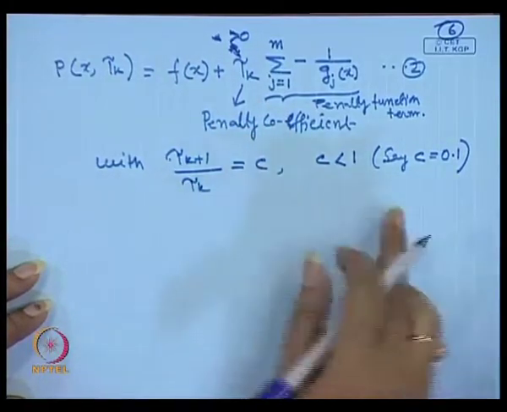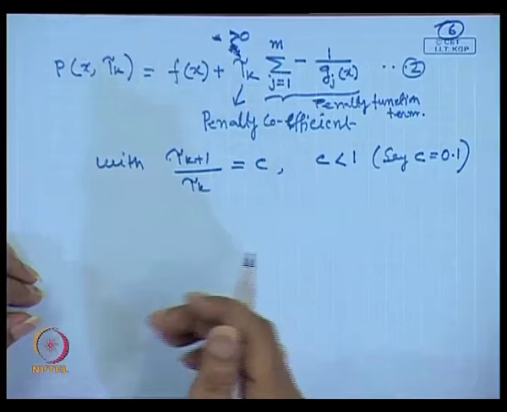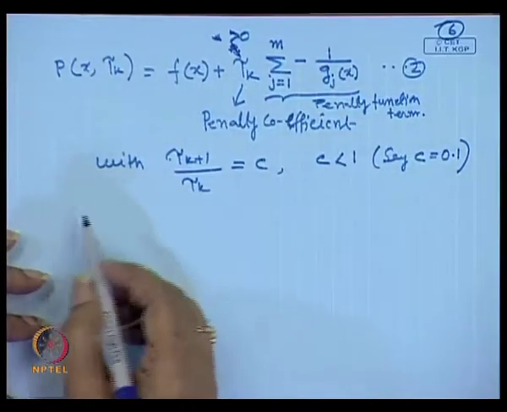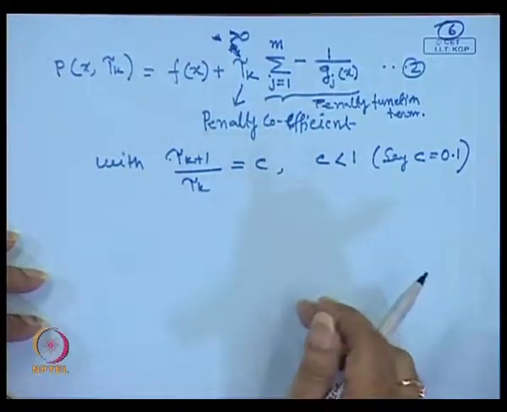So, let us say tau k value is 1, and I am plotting g of x for tau equal to 1.